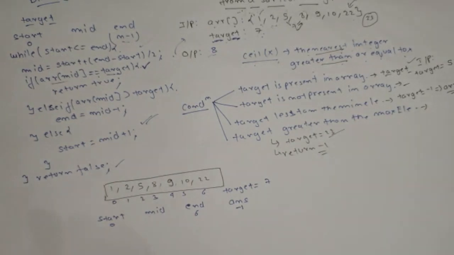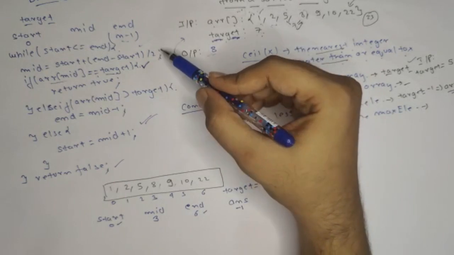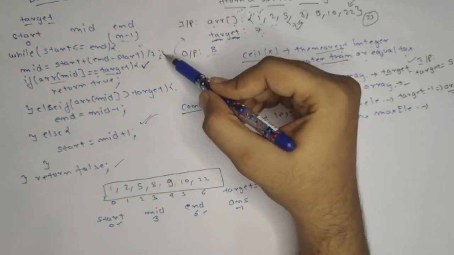And inside this we will calculate the middle index. Okay, so what will be the middle index? If our start value and end value are 0 and 6, it will be 0 plus 6 divided by 2, means 3. I am doing it in the direct way, but the equation which you have to use for calculating mid will be this.